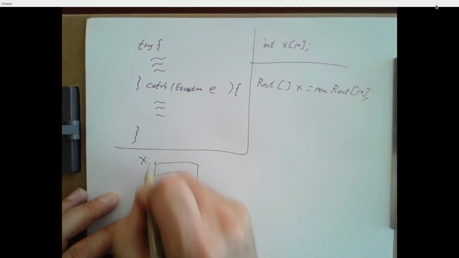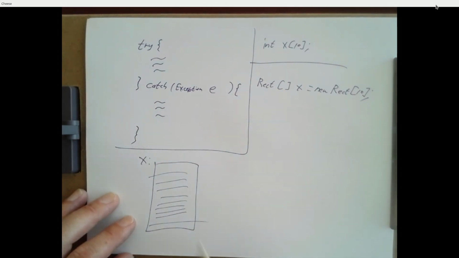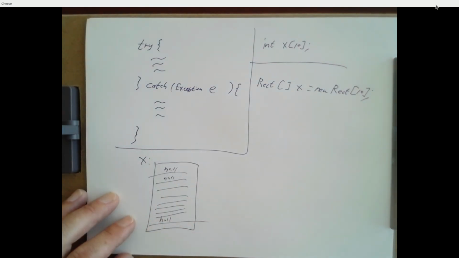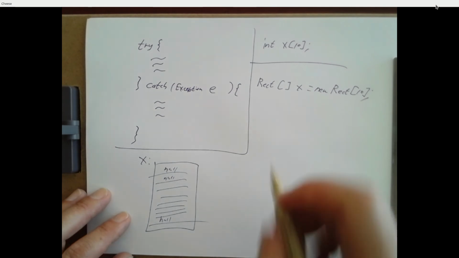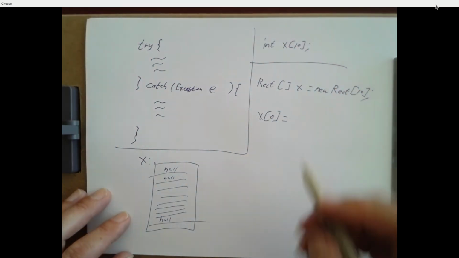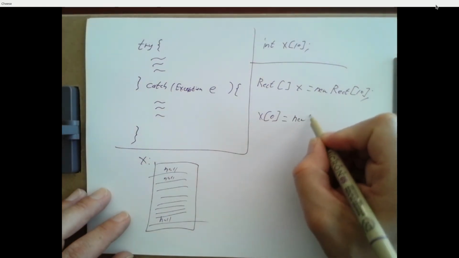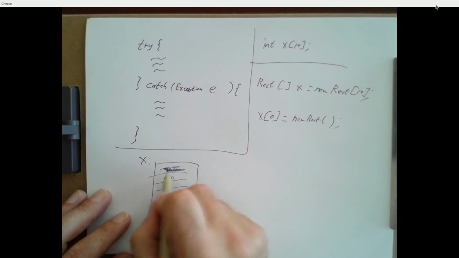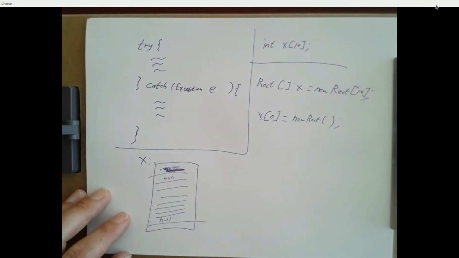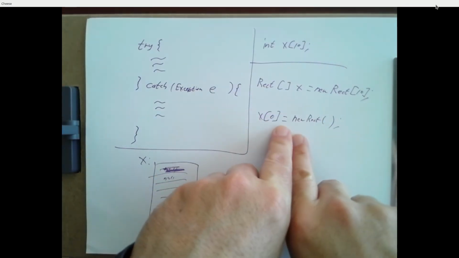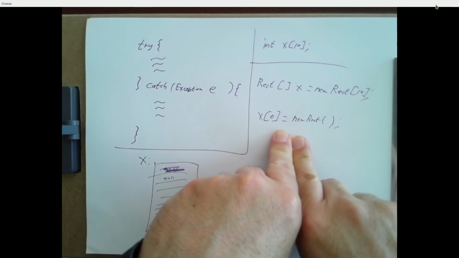So this is x. But each of these rectangles is null to begin with. Which means if I want to do something with x[0], I have to construct that rectangle first. So I'd say x[0] equals new Rect with whatever arguments you have. And now this is actually a rectangle. So when we have arrays of objects, usually there's this 2-step process. First, we construct the array, and then we construct the objects inside that array.